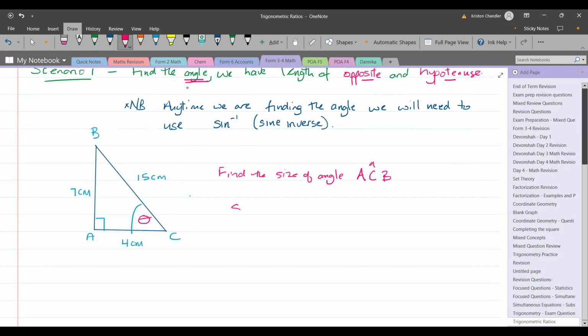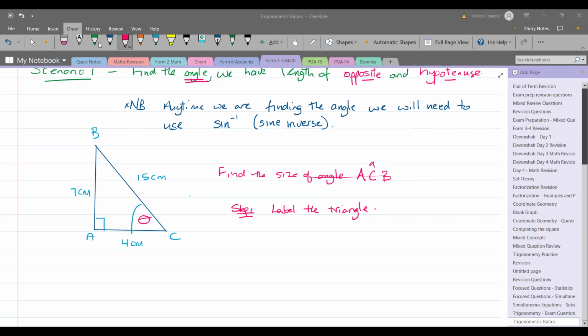Now, your first step in doing this, step one, is always to label your triangle. Always label the triangle.